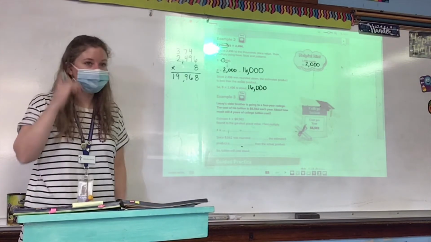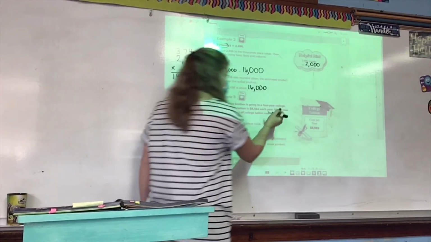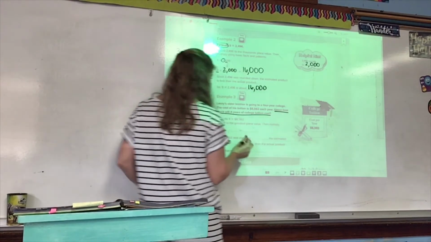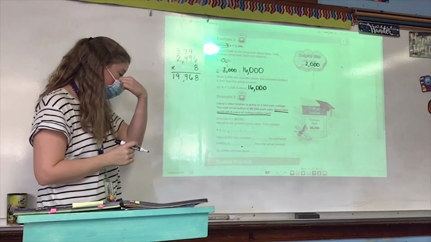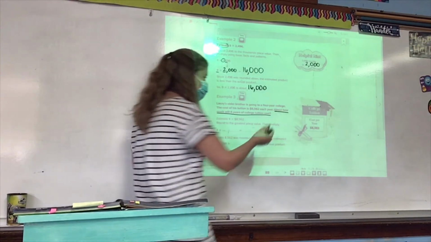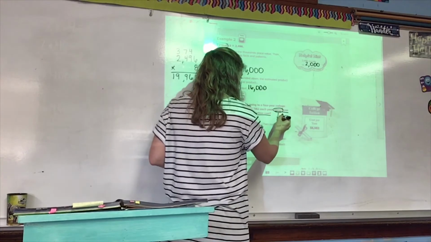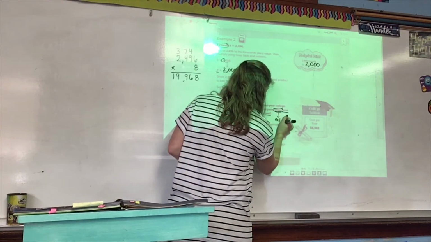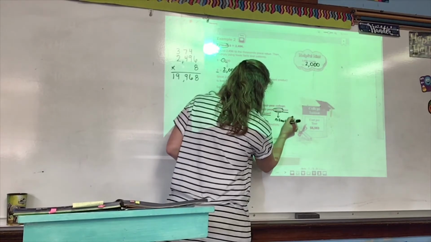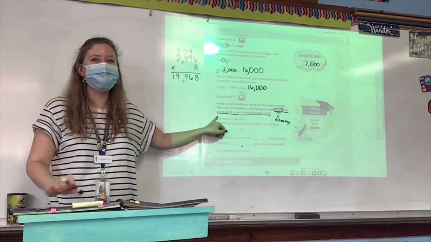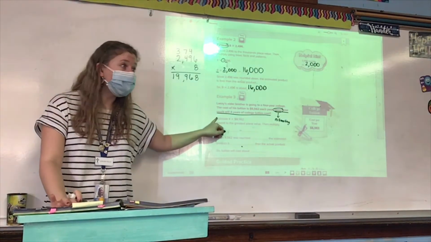So first, underline the question. About how much will 4 years of college tuition cost? First, I see about, which tells me I am estimating. Now I see how much. Remember, I might see how much.